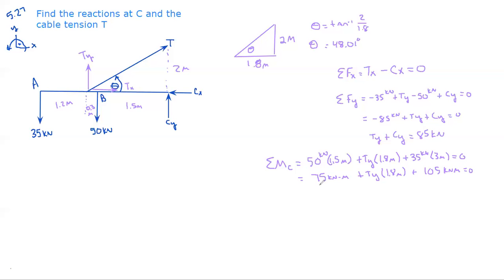Combine those terms, 75 plus 105 is 180 kilonewton meters, plus TY 1.8.